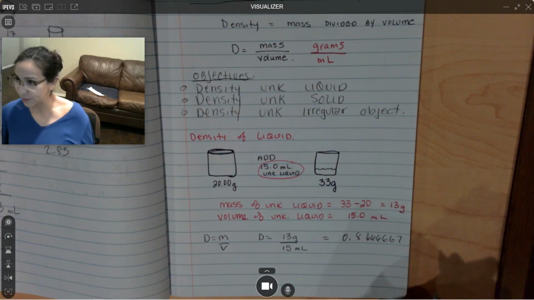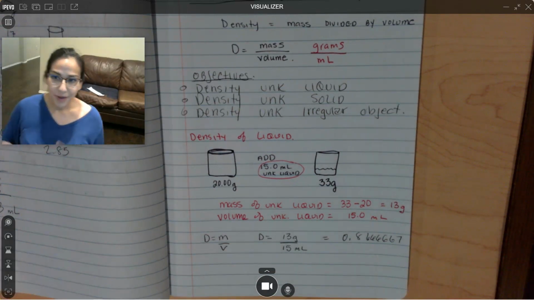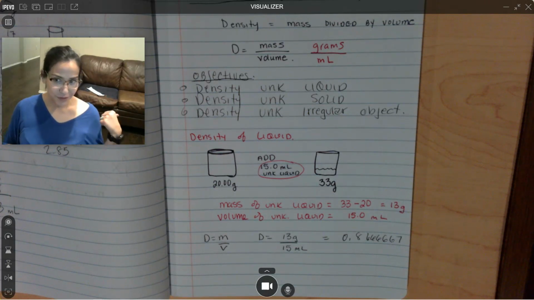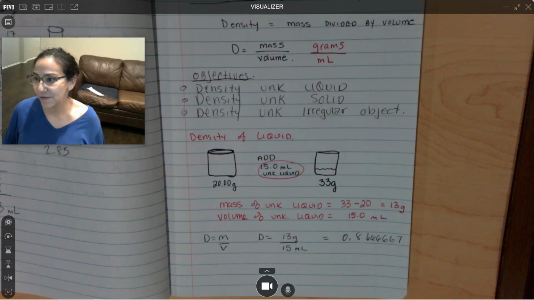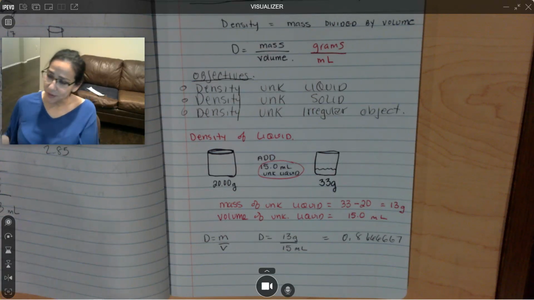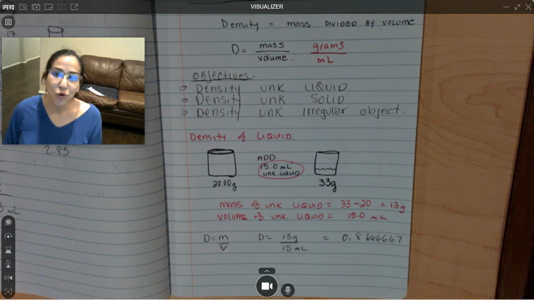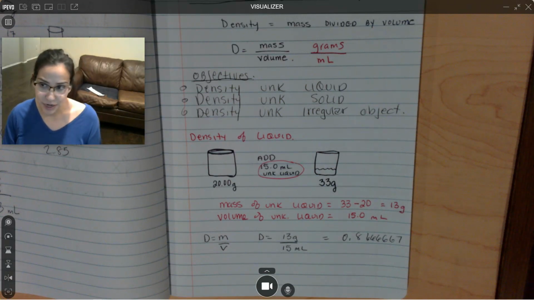and I got a density of 0.8666667. A couple things we learned from our previous chapter, chapter number 2, is that we never write everything down from the calculator. We always go by the least precise number.